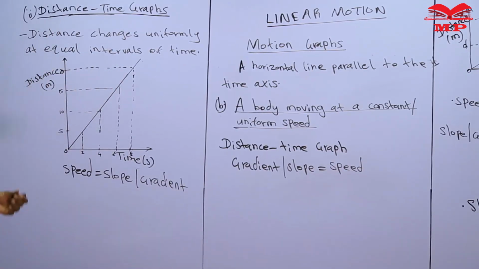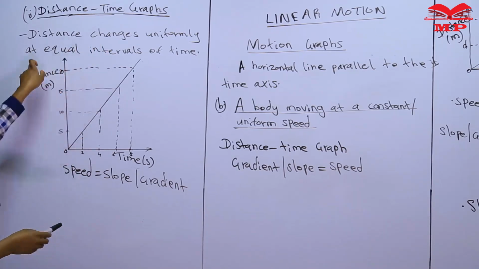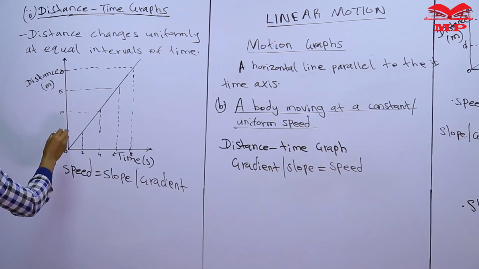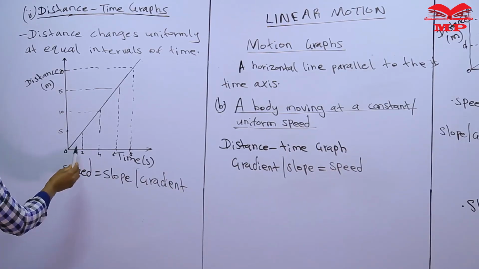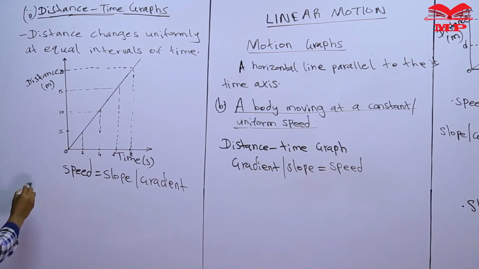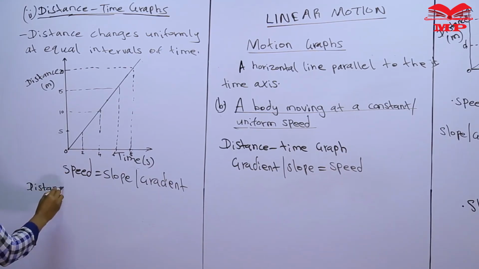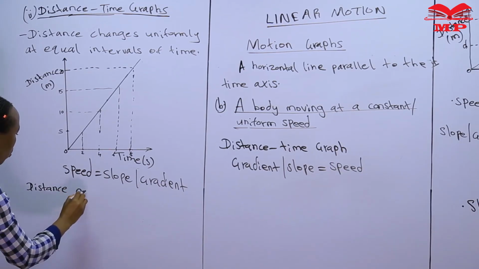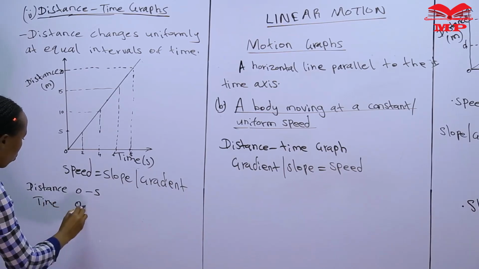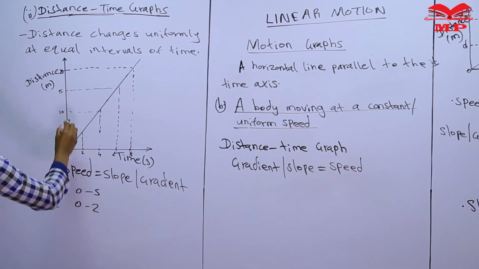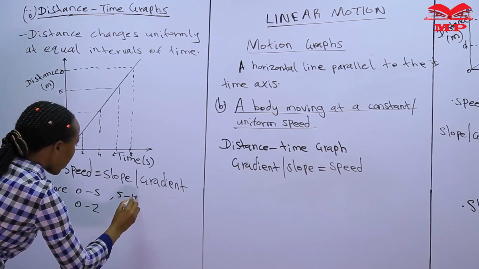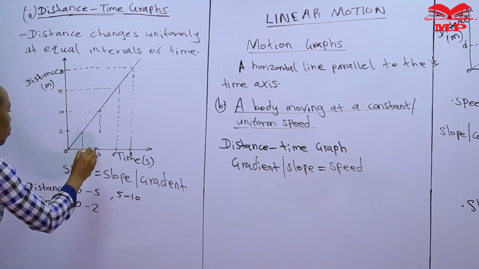So you can see that the distance is changing uniformly at equal intervals of time. The distance changes from 0 to 5, and the time is from 0 to 2 seconds. Then the distance changes from 5 to 10, and the time from 2 to 4.